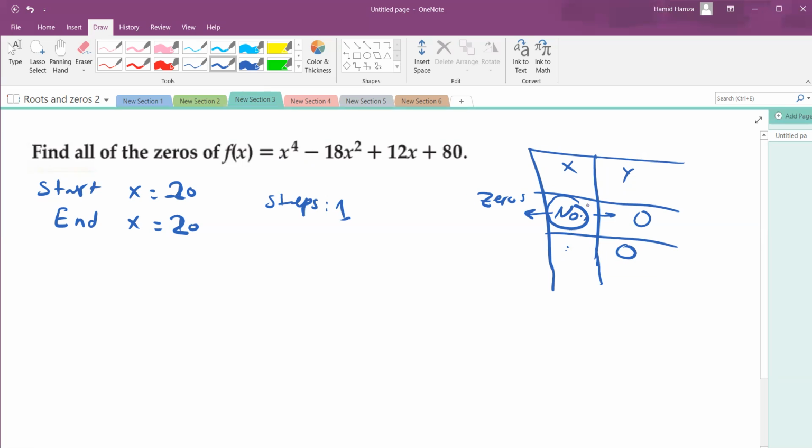We form the table and look for this one, guys. Negative 4 and 0. Yes. You started from negative 10 to 10, so negative 4 and 0.